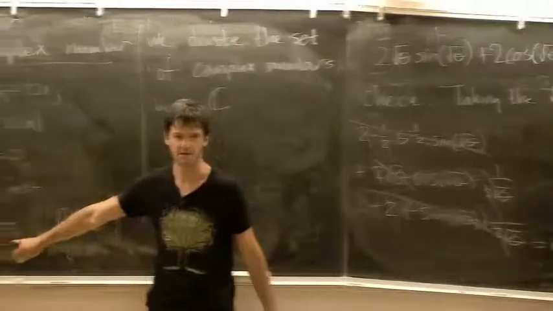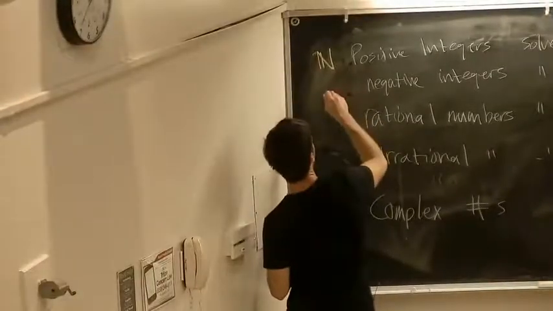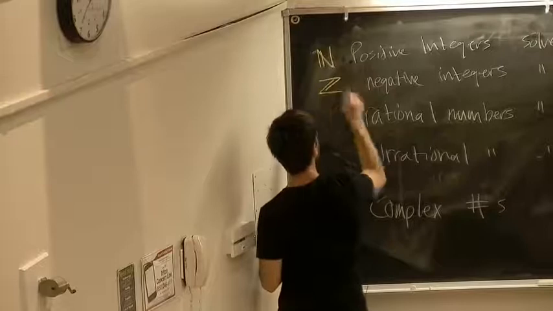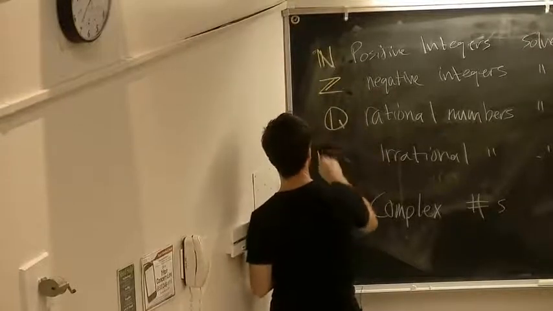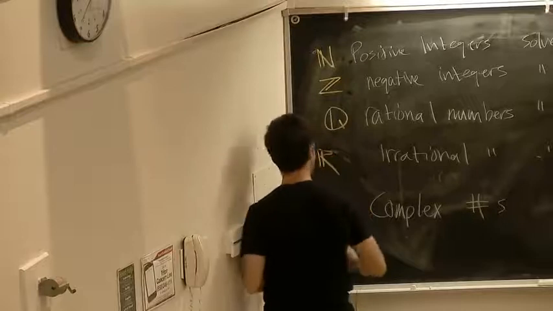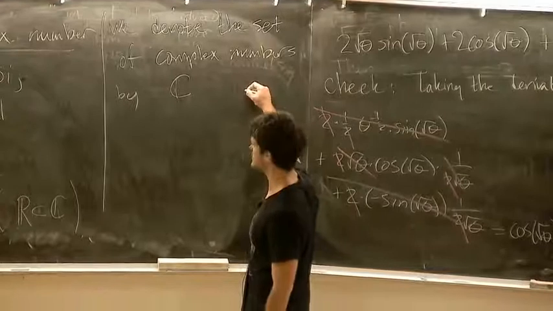That was what I was saying right here. You guys have seen all these: N, Z, Q. Now we're up to R, and now we're up to C. If you're interested in your mathematical set notation, this is the set of complex numbers.